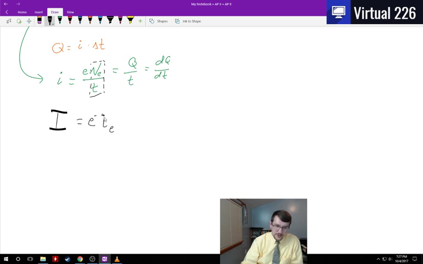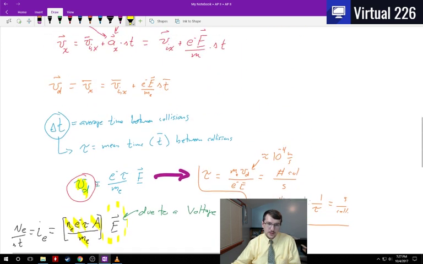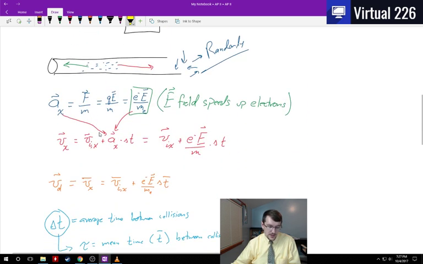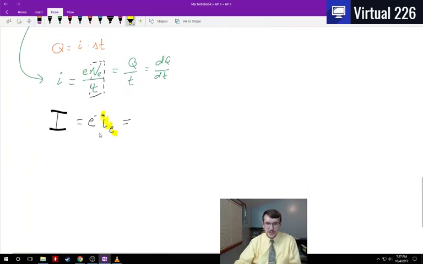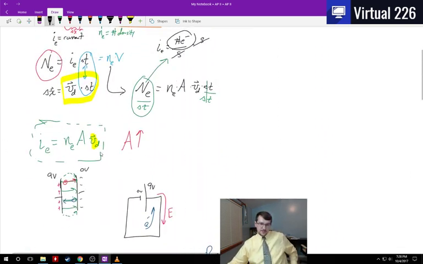Now, if I equals e times I_e, and for I_e we know what that equals all the way up here, N v A v_d, what we can do there is we can simply say that this here is equal to N, the number density of the electron, times e for the electron, times the drift velocity, times A. Just taking this quantity right here and subbing it down.